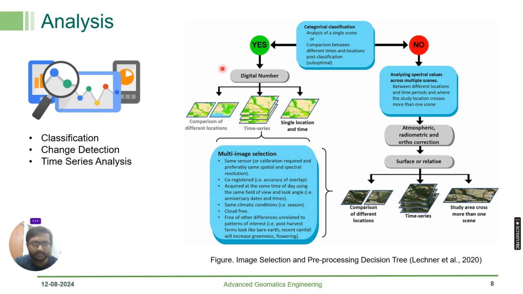You can make a bundle of images of the same area, which will help you understand what is happening at that particular location. As you can see here, it's a comparison of two different locations or a time series analysis of a single location.